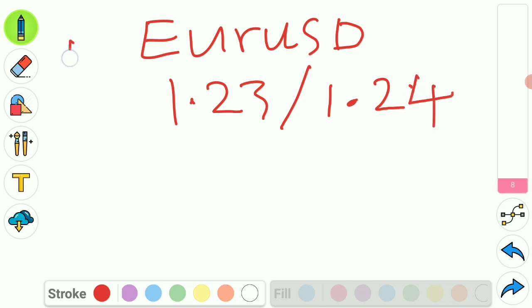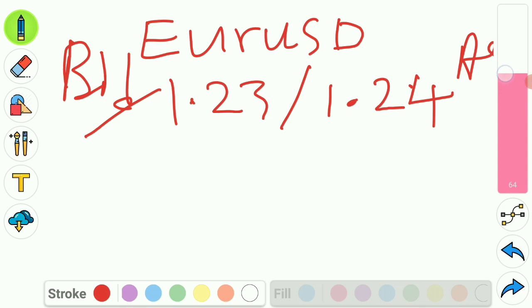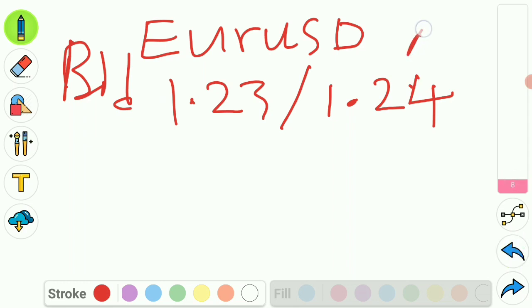So this is the bid price, and this is the ask price.